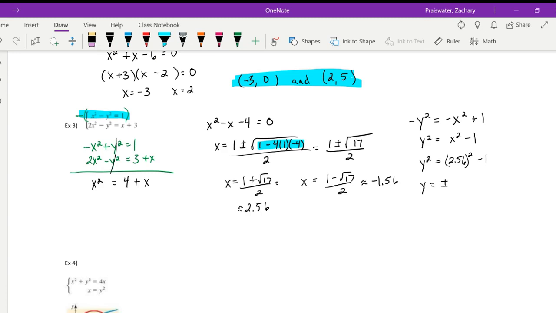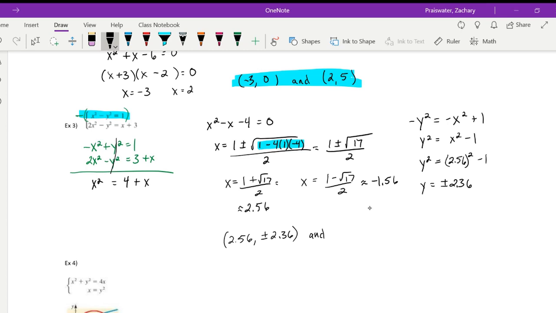Let's do 2.56 squared. 2.36 is what we'll round it to. So we have 2.56 and plus or minus 2.36, and we'll talk about that in a minute.